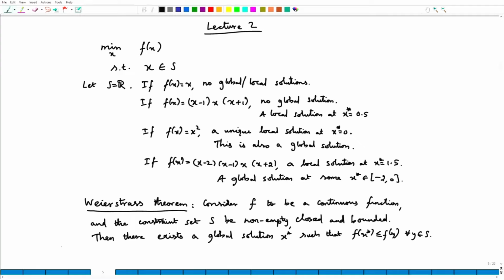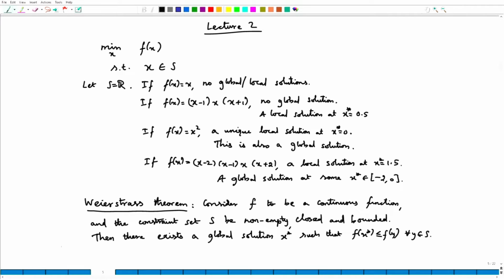What this says is very simple: the function f needs to be continuous, and the constraint set has to be non-empty, closed and bounded. If all of these hold, then there will certainly exist a global solution.